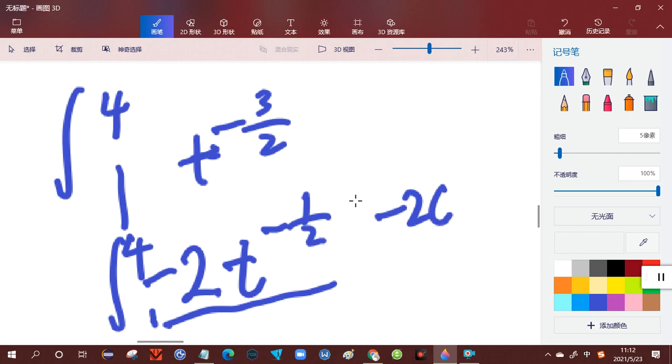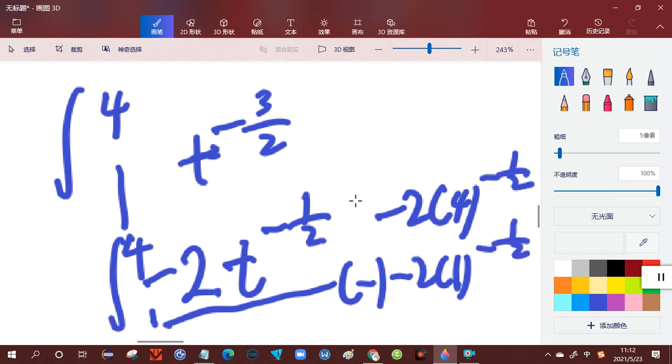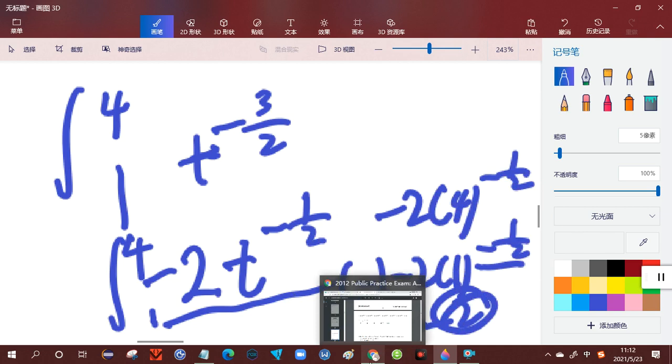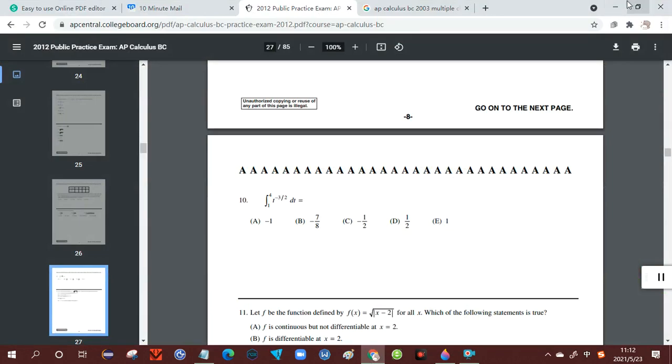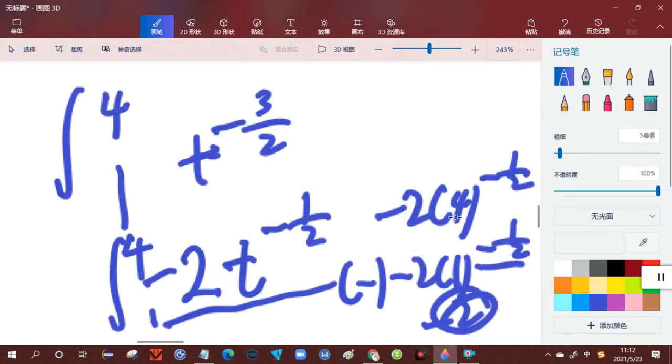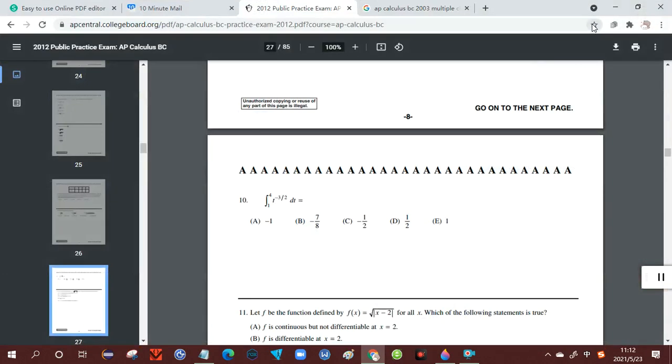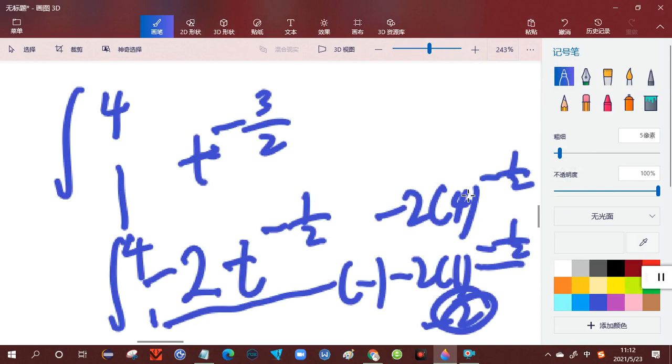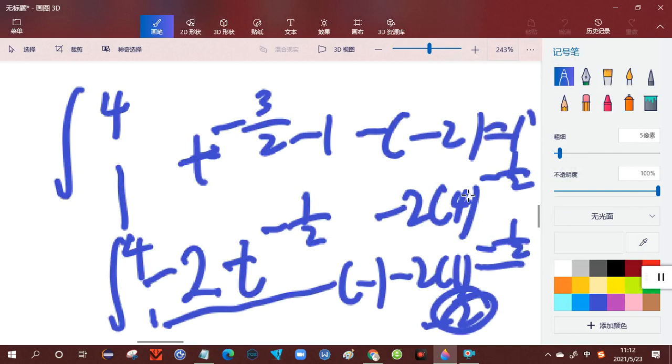This is definitely equal to negative 2, and this is definitely equal to negative 1. So negative 1 minus negative 2 is equal to 1. So the answer is E.